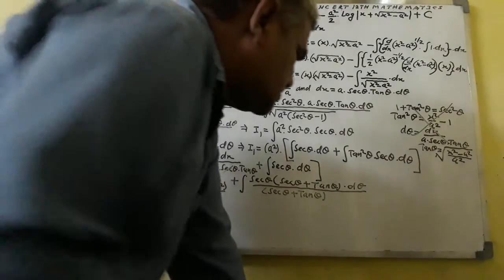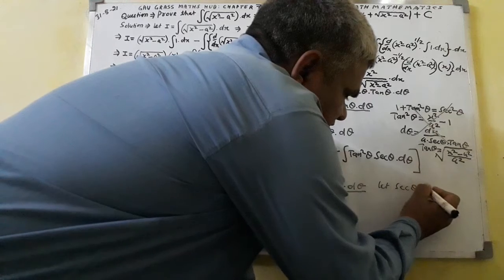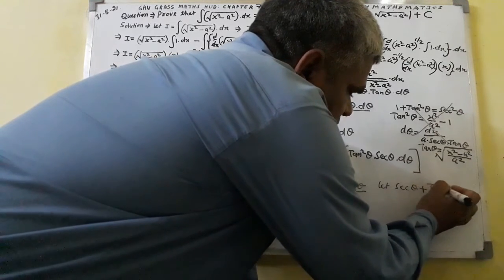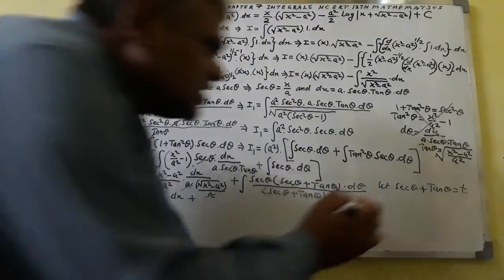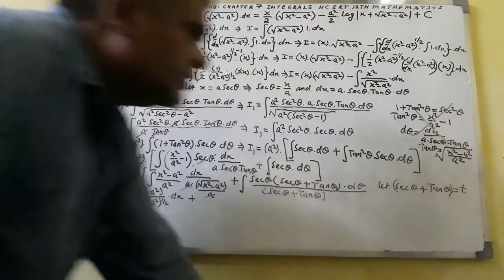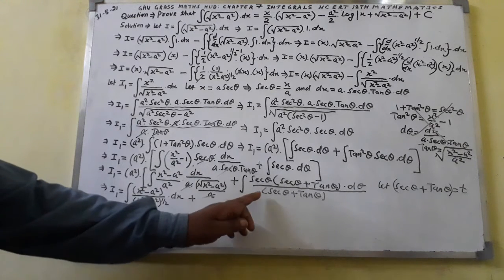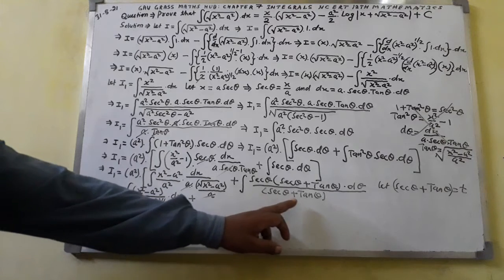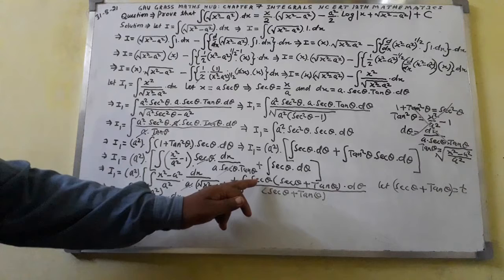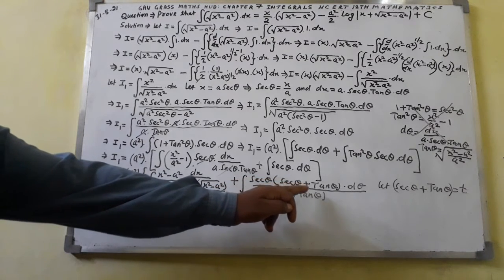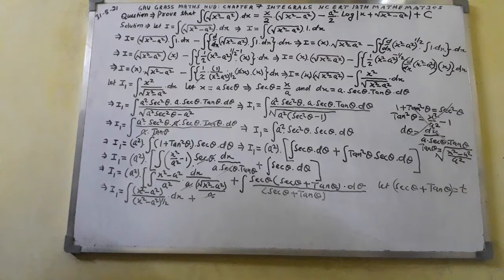So here I can write in bracket, let sec theta plus tan theta equal to t. This thing I shall write. Let sec theta plus tan theta equal to t. You will get here the denominator sec theta plus tan theta becoming t, and the whole term sec square theta plus sec theta dot tan theta dot d theta will be left as dt.